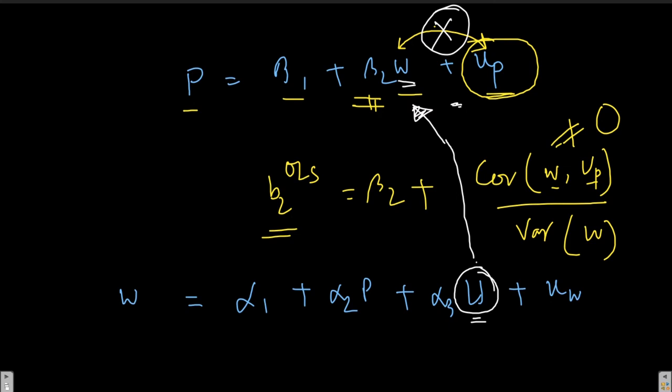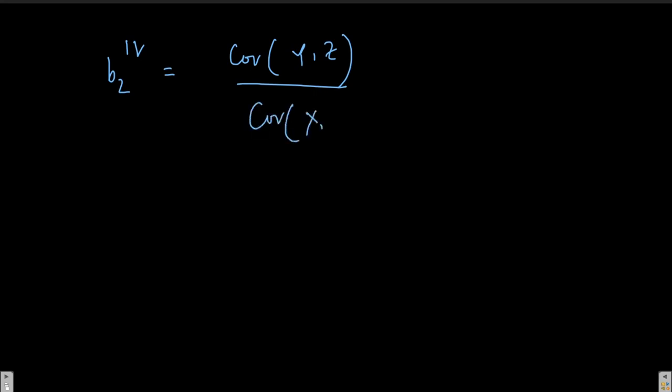If we can do that, then that will be an IV, and we have seen previously that for an IV estimator we can write B2 IV as beta 2 plus, let me write it in covariance terms, the covariance of y and z divided by the covariance of x and z, right?